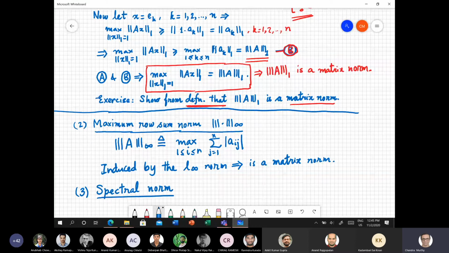The spectral norm is by far the most important norm that we will look at in this course, and we write it like this.